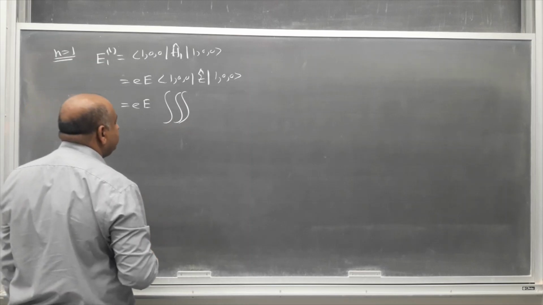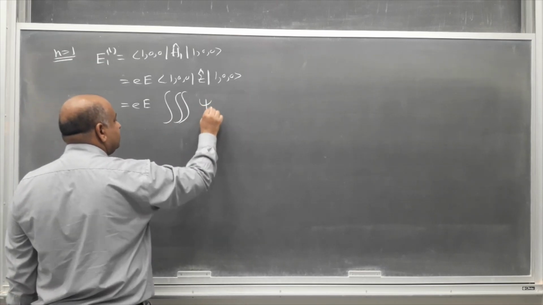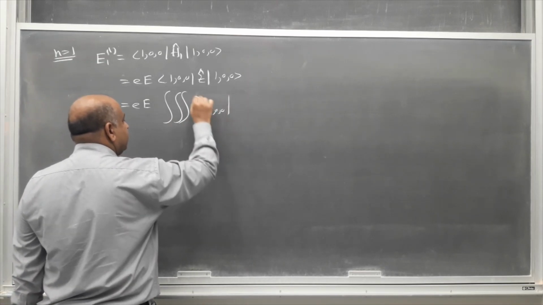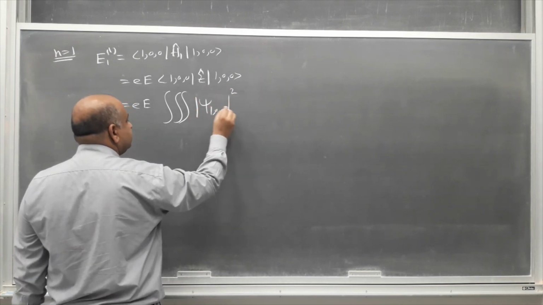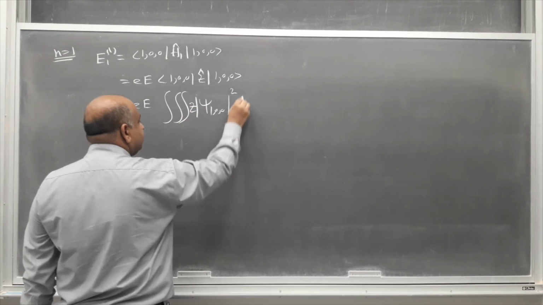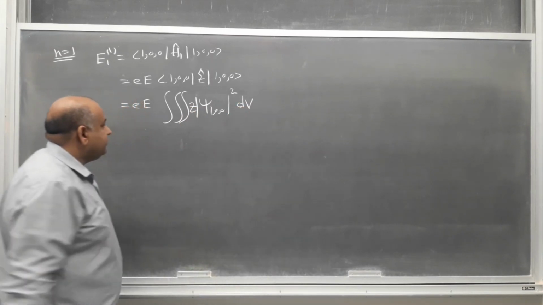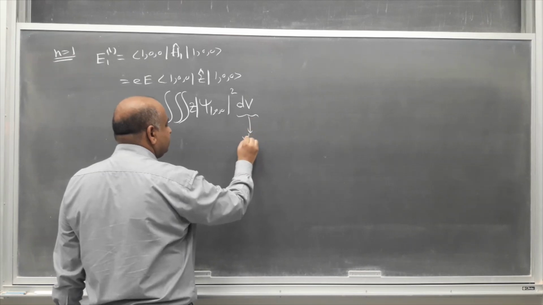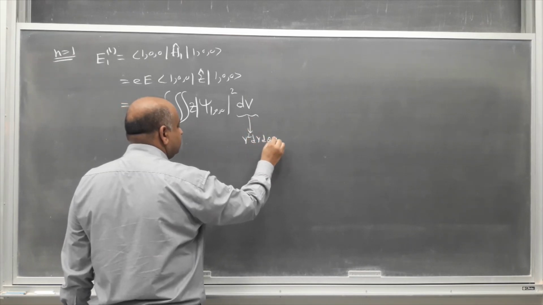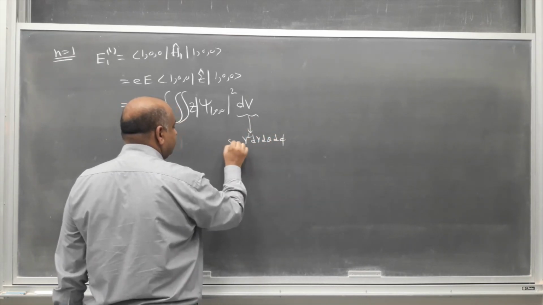To compute this inner product, essentially I have to do a triple integral over |psi 110| squared, and since this z operator is nothing but just z here, and this volume element, if I'm doing it in spherical coordinates, is r squared dr d theta d phi sin theta.